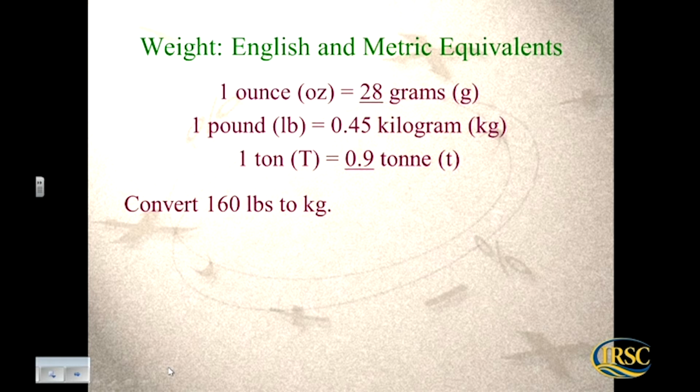They'll use 2.2 pounds per 1 kilogram. But this is the same thing. We're just basing it on 1 pound. So 1 pound is equal to 0.45 kilograms. And so again, using dimensional analysis, start out with 160 pounds over 1.